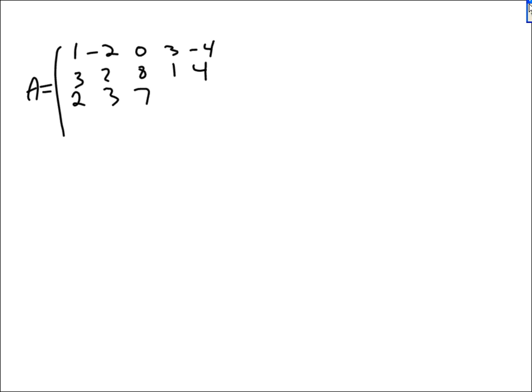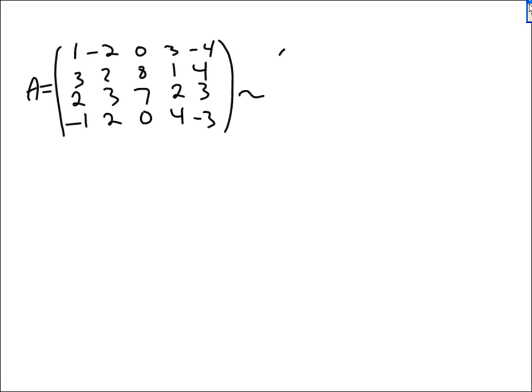So let's look one more time at these two matrices. A happened to be 1, negative 2, 0, 3, negative 4, 3, 2, 8, 1, 4, 2, 3, 7, 2, 3, and negative 1, 2, 0, 4, negative 3.